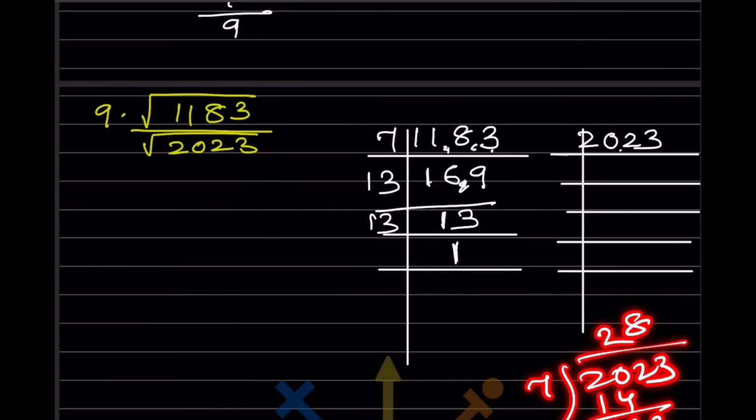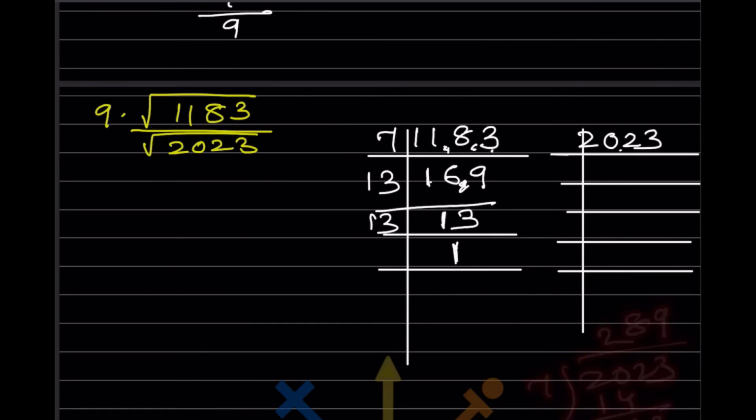And this is going to be 63. 7 9s are 63. So 289. So it goes with 7 and here will be 289. So now again this should go with, this is not possible with 7. Then if we go for 13. So you know this will be with 17.